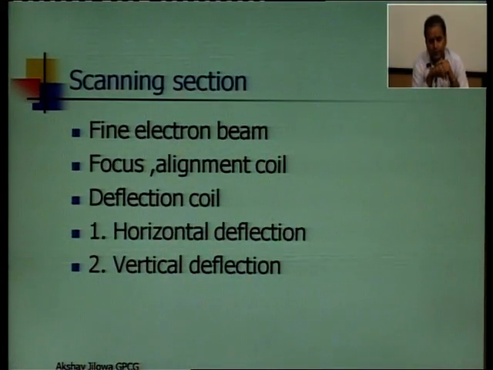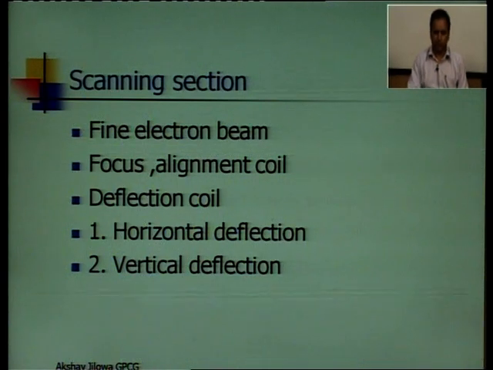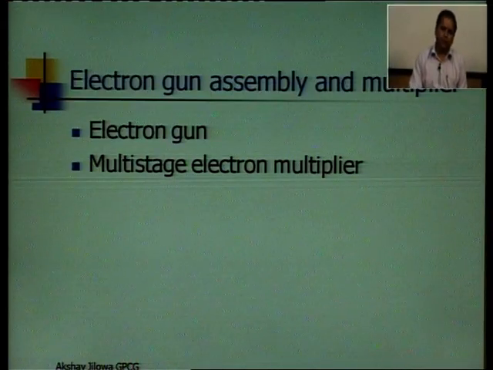Now, the next section, the scanning section, contains the fine electron beam, focus alignment coil, and deflection coils: horizontal deflection and vertical deflection. These are the constituents. The electron gun assembly and multiplier contains the electron gun and a multi-stage electron multiplier.